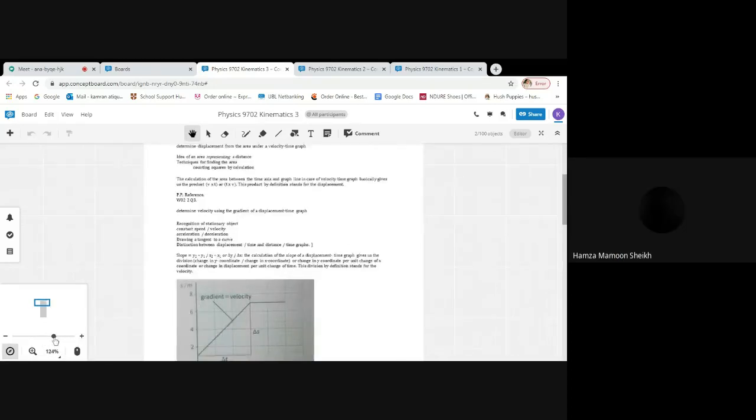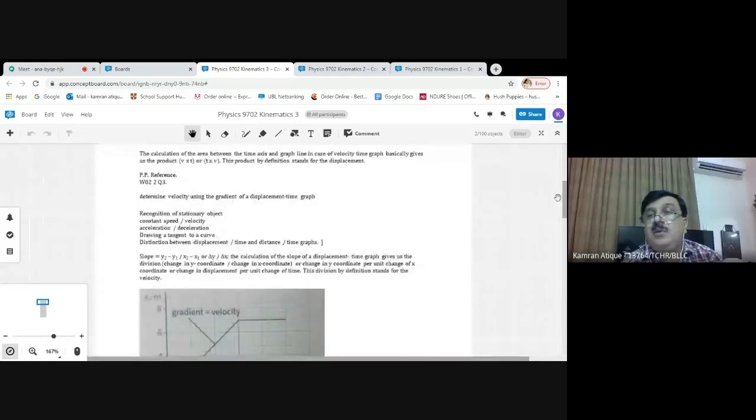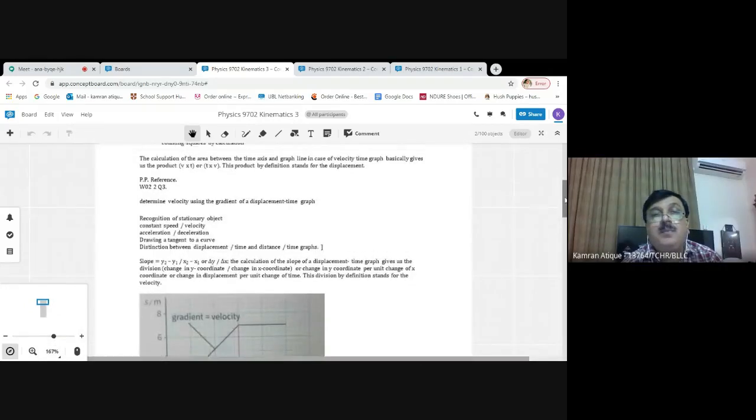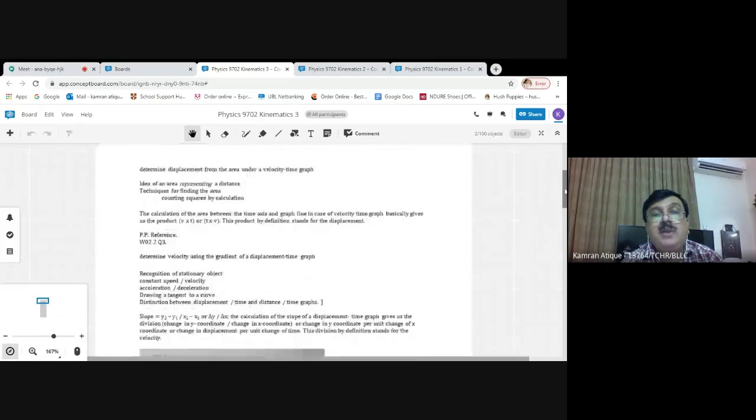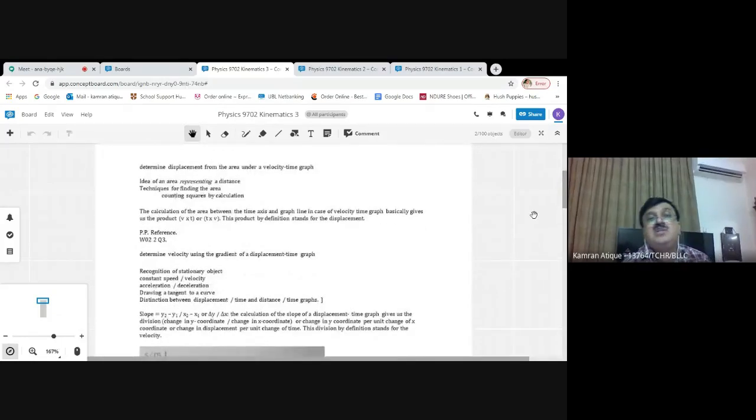Yes, sir. We can also determine the distance covered from the area under a speed time graph. How can we calculate the distance covered from the area under a speed time graph, Hamza?